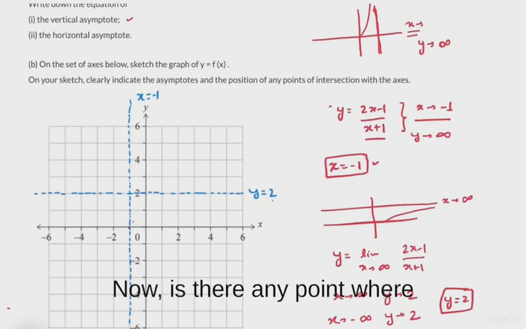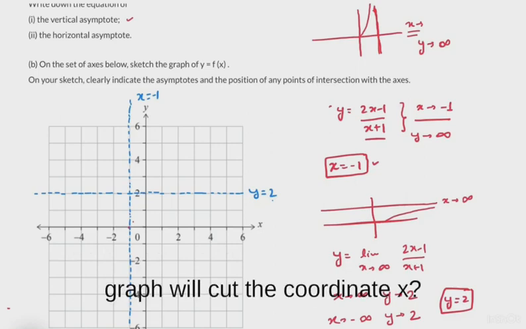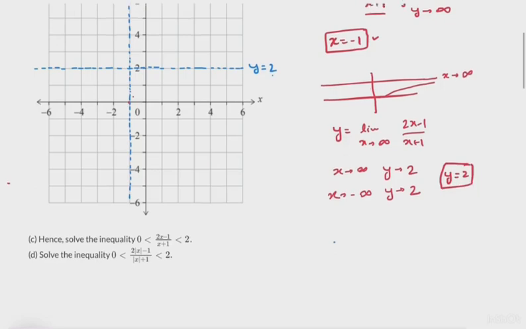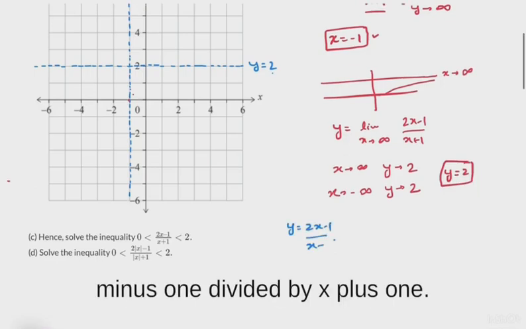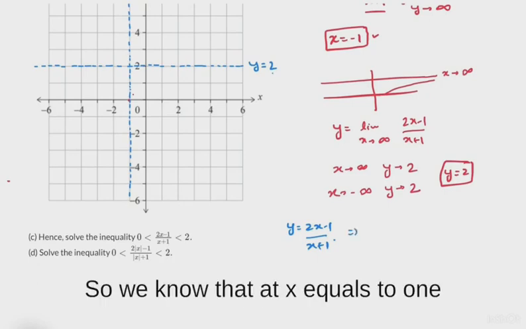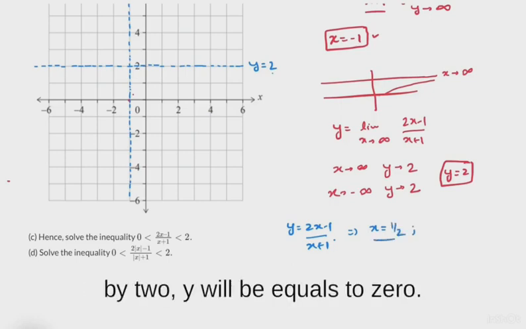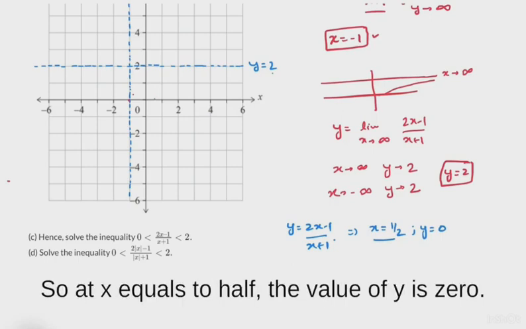Now, is there any point where the graph will cut the coordinate axes? So we have y equals (2x minus 1) divided by (x plus 1). We know that at x equals 1 by 2, y will be equal to 0. So at x equals half, the value of y is 0.